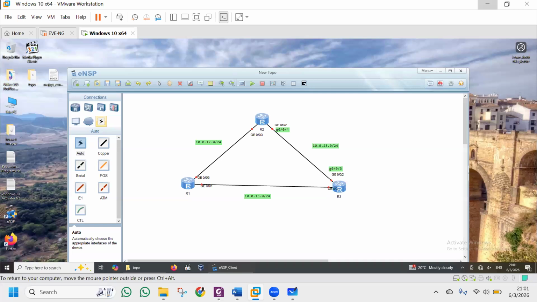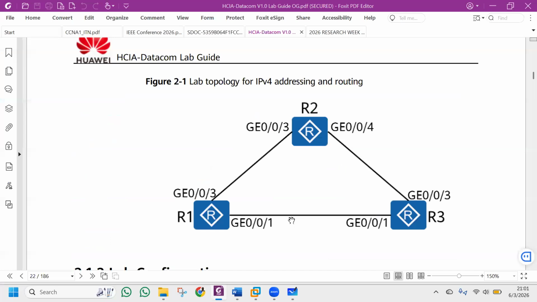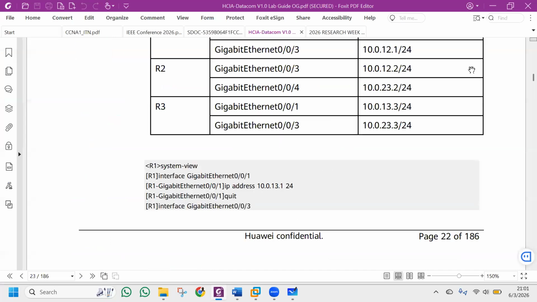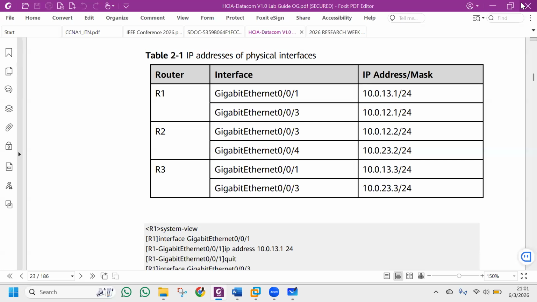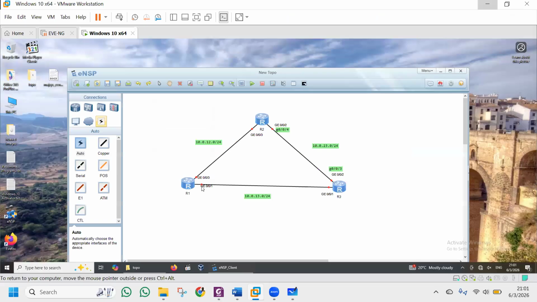Right. Then the IP addresses, same interface. For R1, we have 13.1 on the 0/0/1 interface here, so here it is .1. Let's just put it .1. Then R1 0/0/3 is .1 again.